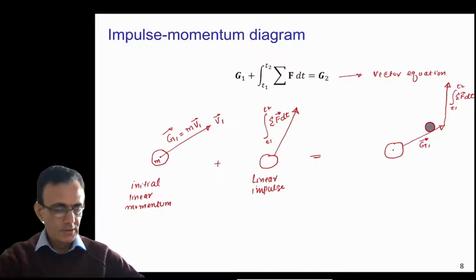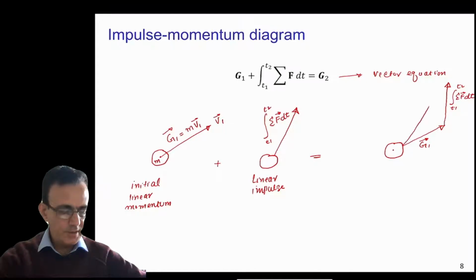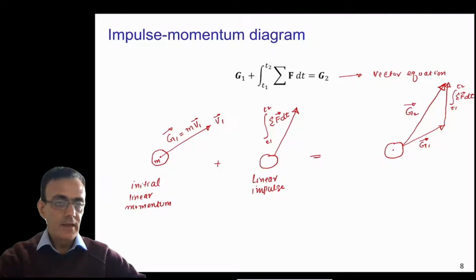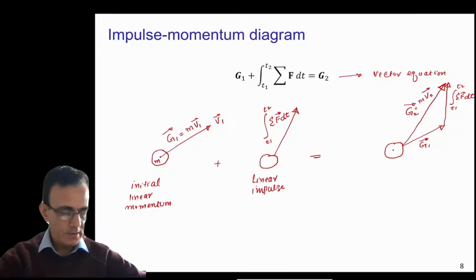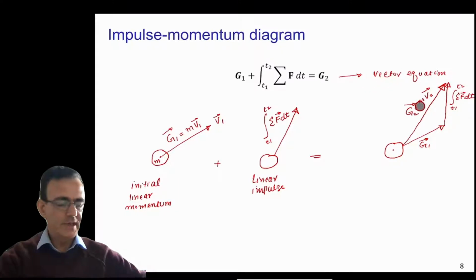This was the impulse, and then G2 will be the sum of these two, which by using the head to tail rule will be this vector here. So this is our G2, and G2 will be equal to m v2, which is again a vector.